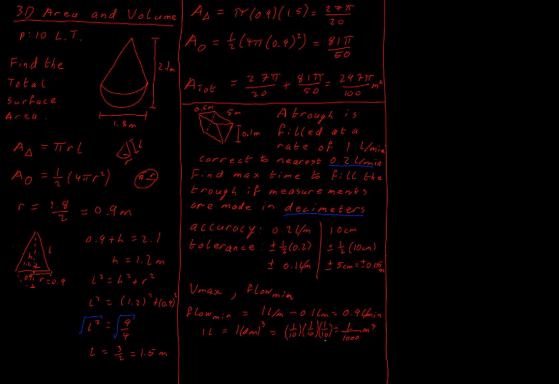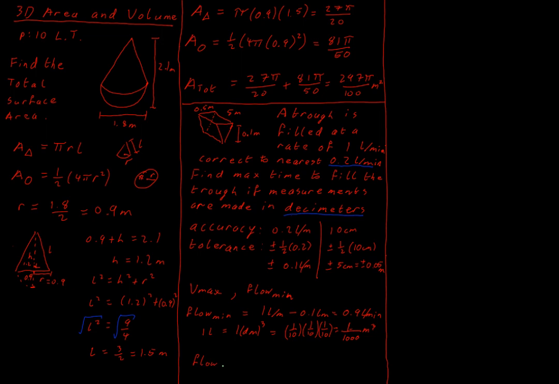Each one of our dimensions is in tenths of meters, so we multiply them all together to get the equivalent volume. So our 0.9 liters per minute would be 0.9 over 1,000 meters cubed per minute.